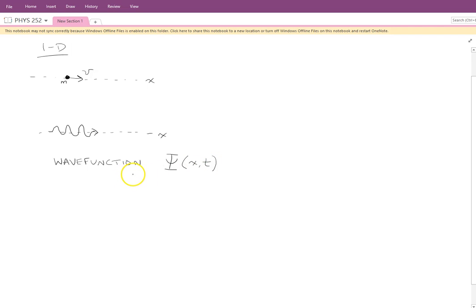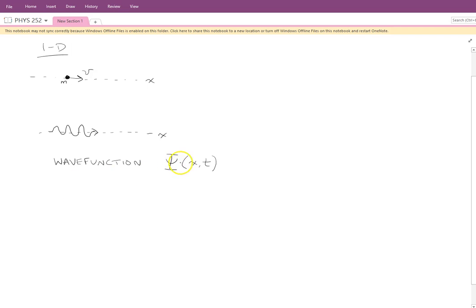Now, the theory of quantum mechanics that is developed says that knowing the wave function is very valuable because you can do things with it, but the wave function itself doesn't really represent anything physically. In fact, mathematically, this wave function can even be a complex valued function.